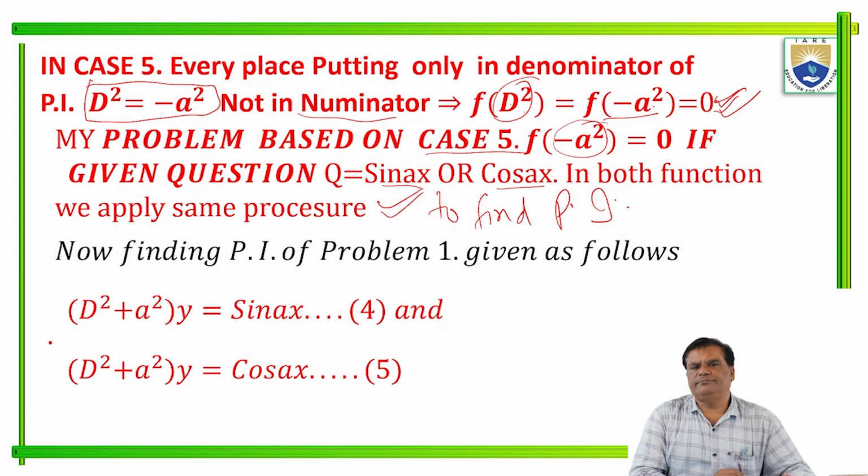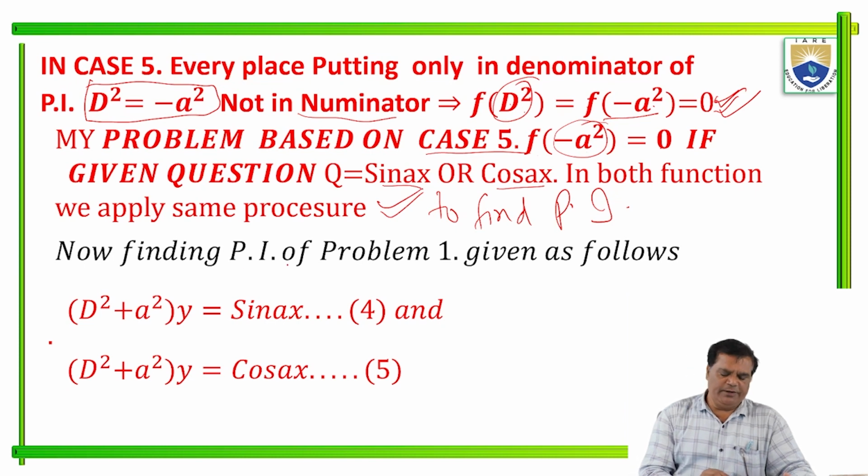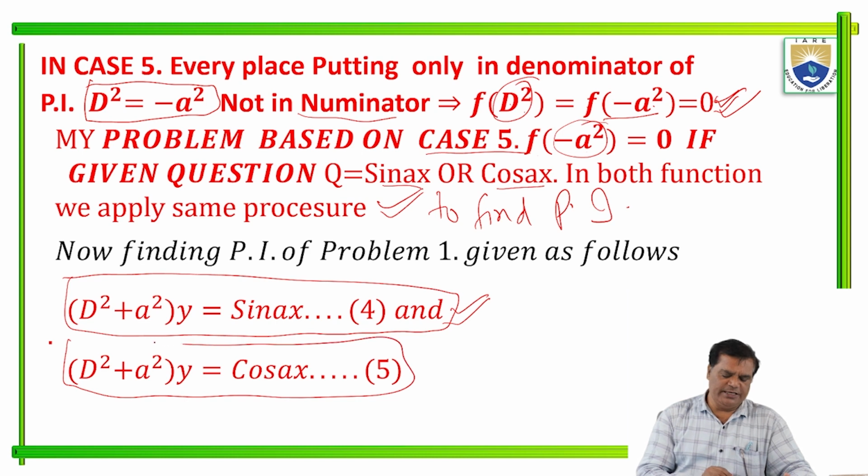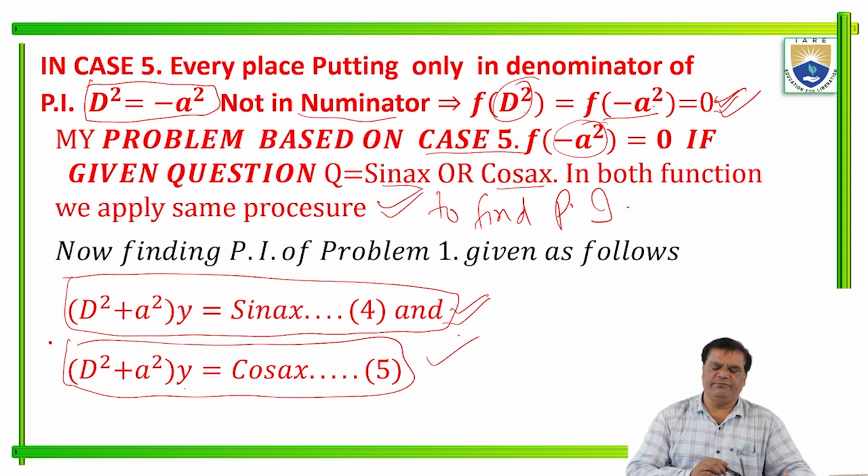Now finding the particular integral of problem 1 is as follows. One equation given is equation number 4, D square plus A square y equals sin Ax, in D form. The next equation is D square plus A square y equals cos Ax, which is equation 5 in D form.